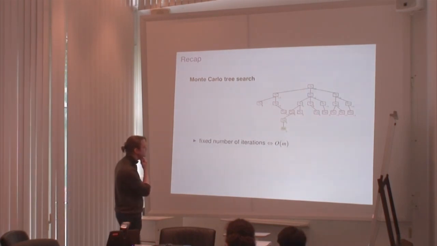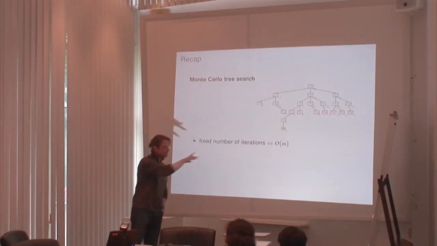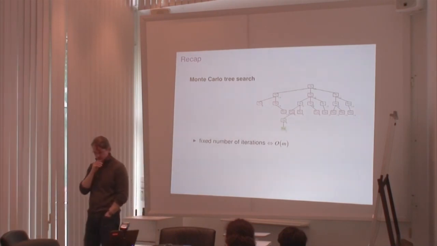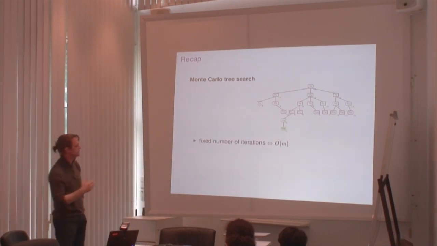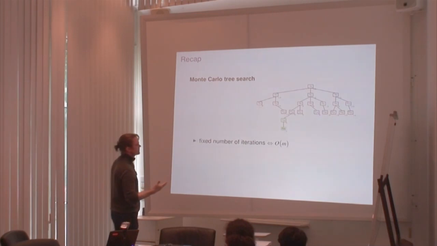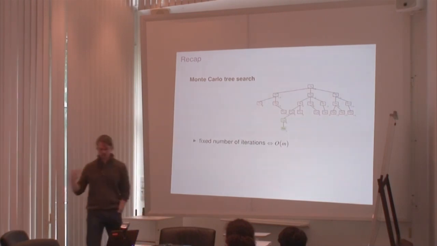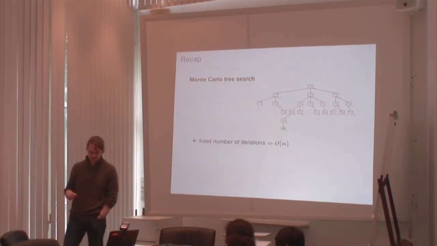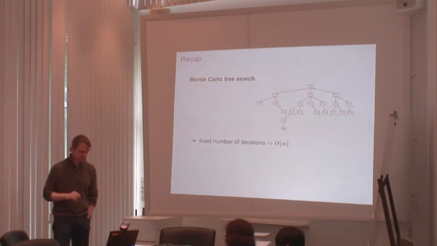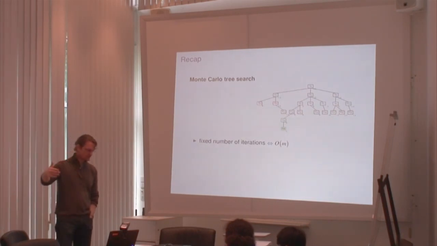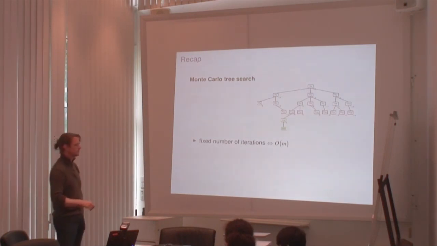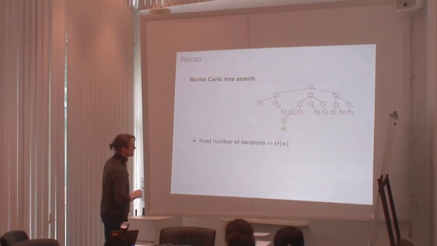It is of the order O of m, like the complexity of the search, because basically in every iteration we have to perform this tree walk and random walk procedure until we eventually hit a terminal state, which is to say until we arrive at the leaf level of this tree.